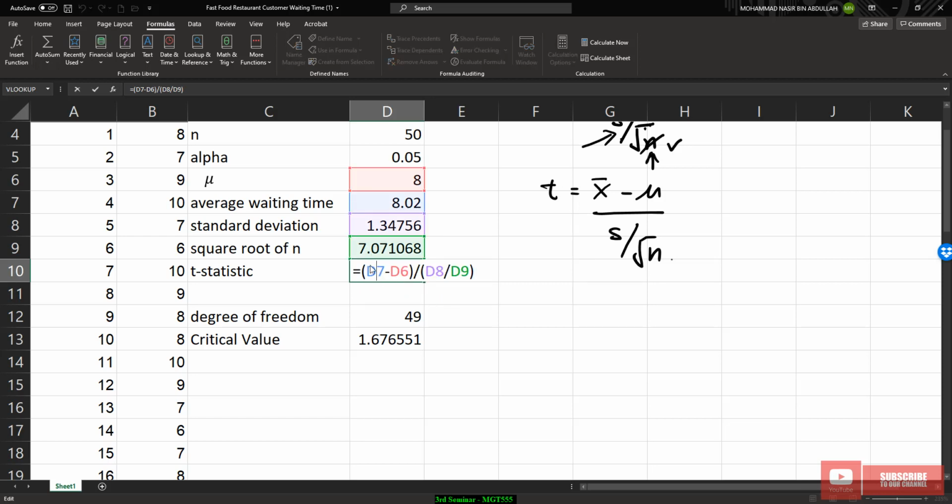Kita buat kurungan. Kita ambil X bar dulu. X bar adalah average waiting time. Minus D6. D6 is our mu. Mu is 8. And divide by kurungan S. S is our standard deviation. Divide by square root of N, which is square root of N here. Okay?